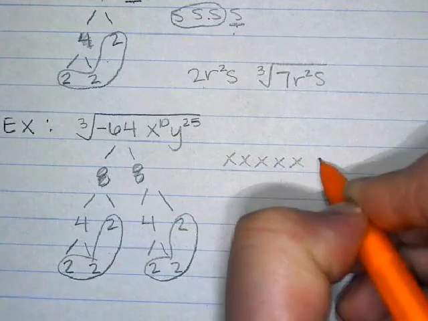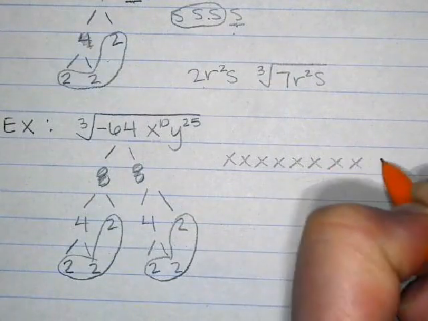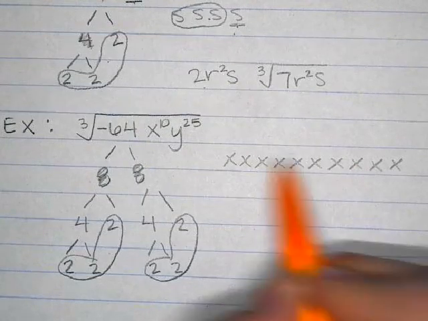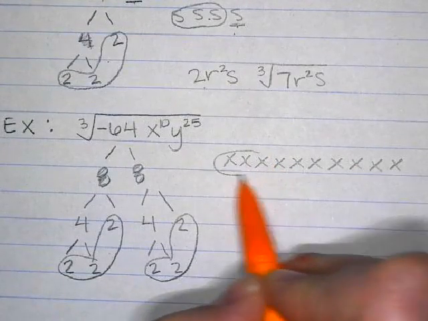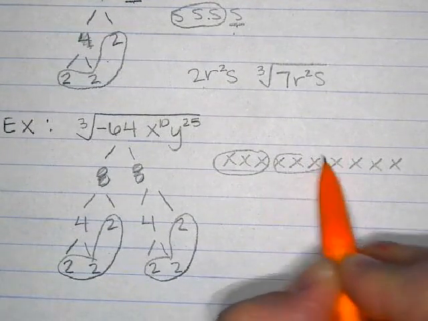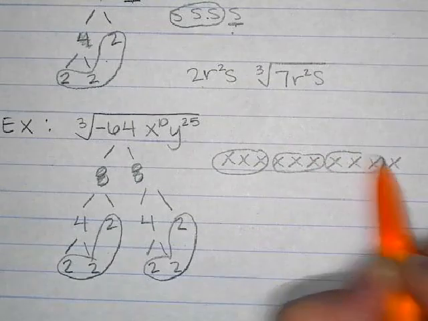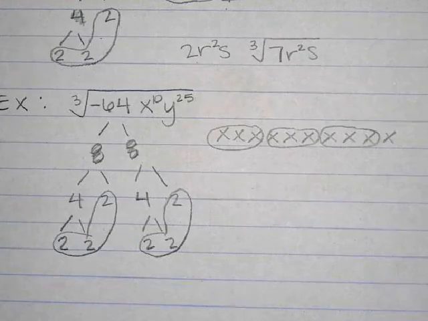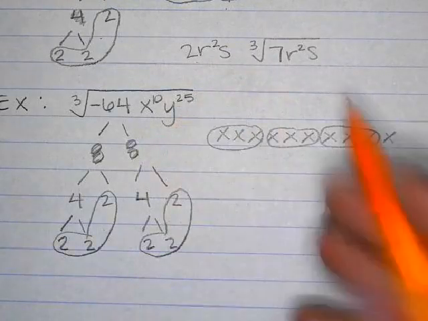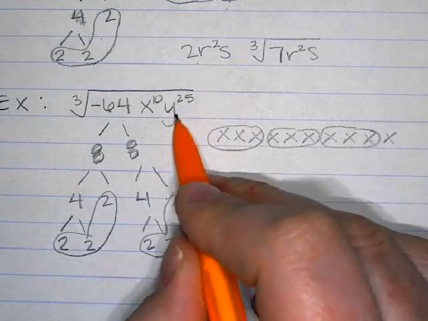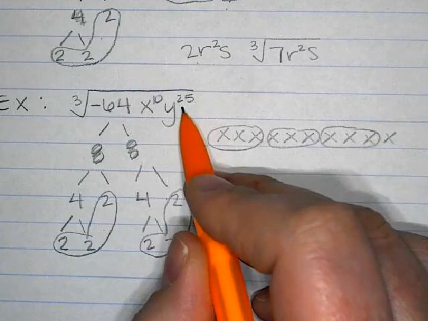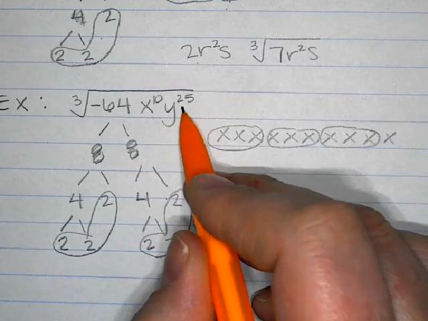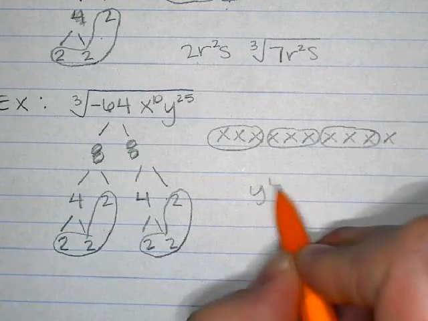If you've got a better way to do it, tell me what it is. Okay, so if we thought about the y's, we know that there's 25 of them. We have to divide it by 3. So with the y's, how many sets of 3 are we going to have? 8.